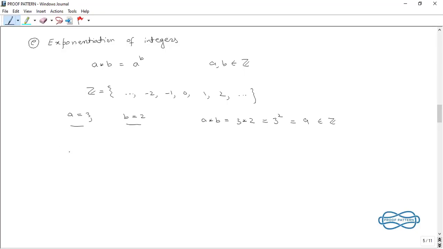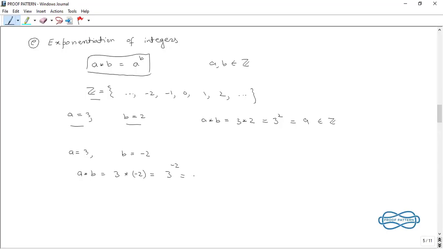We take another option. If we take a to be 3 and b equal to -2, because -2 also belongs to the set of integers, and a and b can be any integers. Now a star b will be equal to 3 star -2, which is equal to 3 raised to the power -2, as the definition of exponentiation of integers is that if it is applied between two integers a and b, we get a raised to the power b.